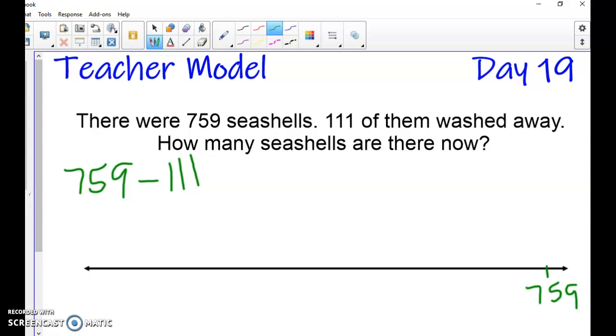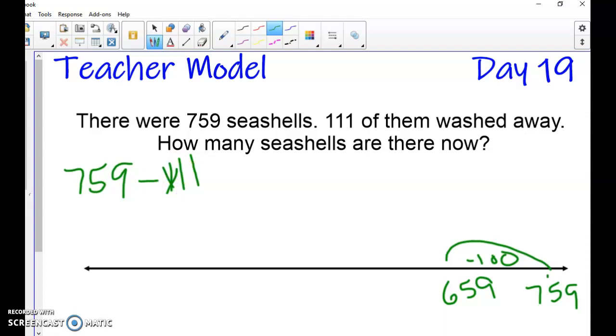So 759 minus 100 is equal to 659, because I'm changing my hundreds place. And I'm going to cross the number out because I've subtracted it.